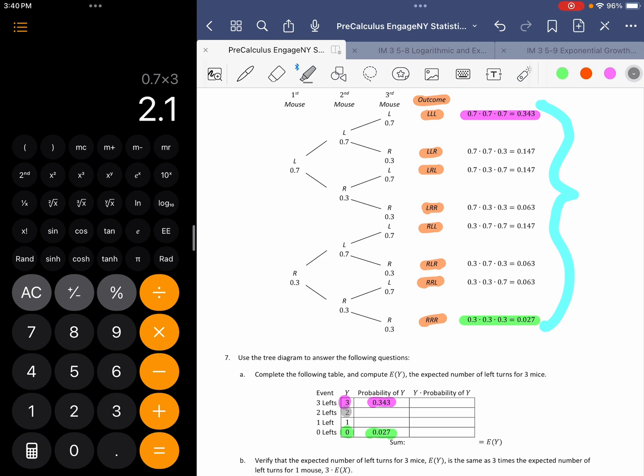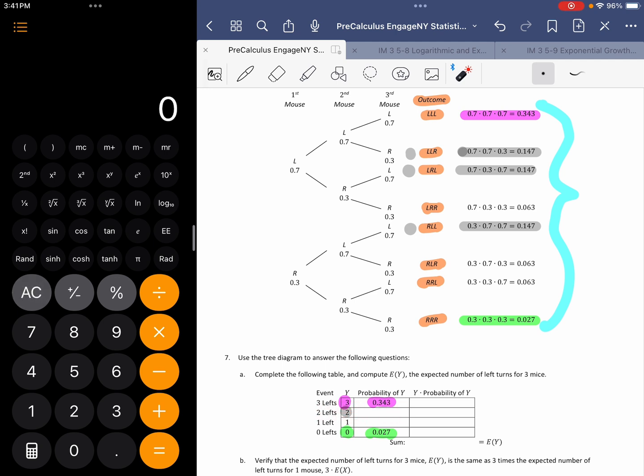There's some outcomes where we have 2 lefts, which is this outcome here, and this outcome here. There are 3 of those, right? 3 of our outcomes have 2 left turns. So what I need to do is add together 0.147 plus 0.147 plus 0.147 to fill in the probability of getting 2 left turns.